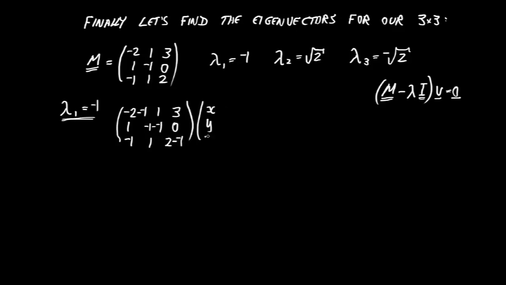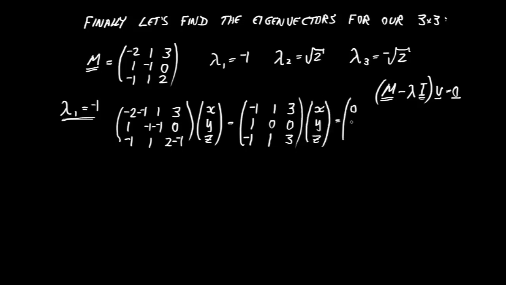And that's on (x, y, z), because we now need an eigenvector with 3 elements, and it's going to be equal to, we'll simplify the matrix to (-1, 1, 3), (1, 0, 0), (-1, 1, 3). And that again is on our (x, y, z) eigenvector is equal to (0, 0, 0).